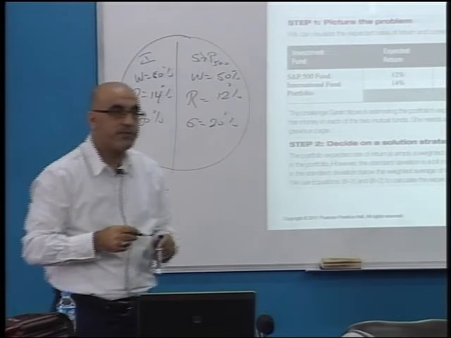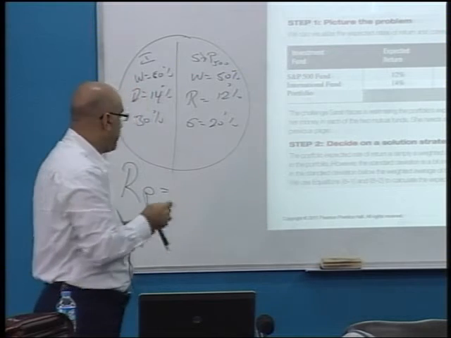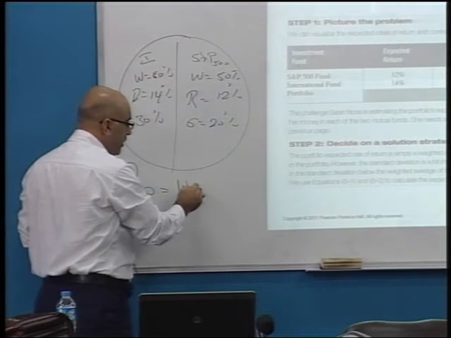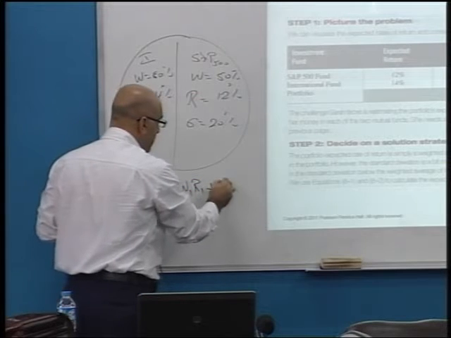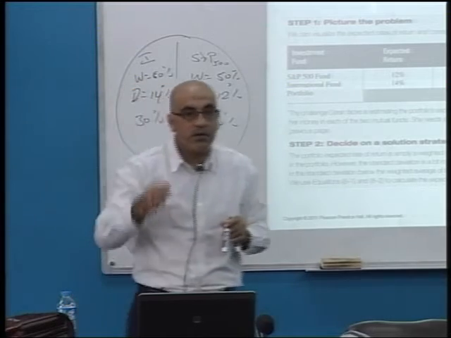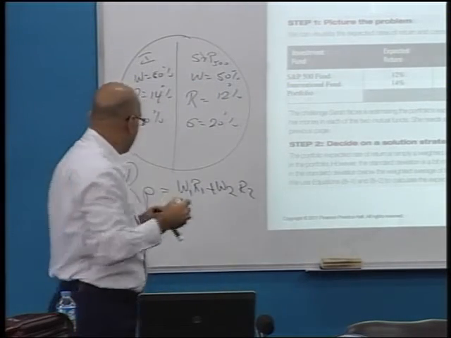So the R of this portfolio is, we apply the equation W1 R1 plus W2 R2, because we have two investments or two securities.